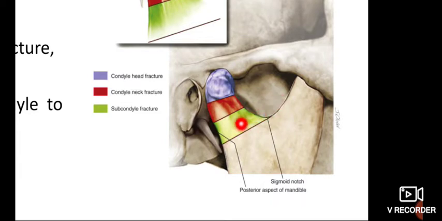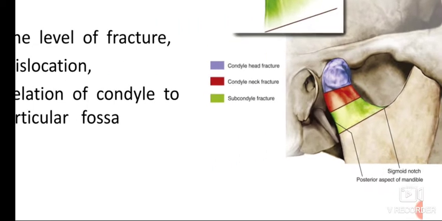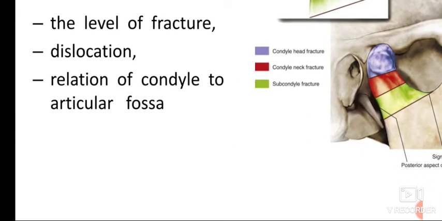And subcondylar fractures, right from the sigmoid notch, any fracture traversing posteriorly towards the posterior border of the mandible. Subcondyle, condylar neck, and condylar head fractures. These are the levels of fractures.